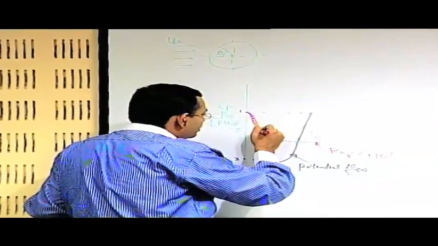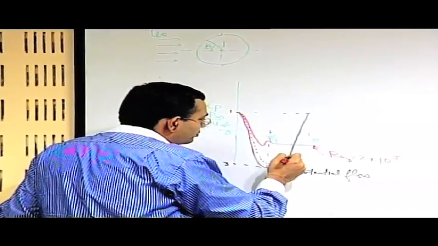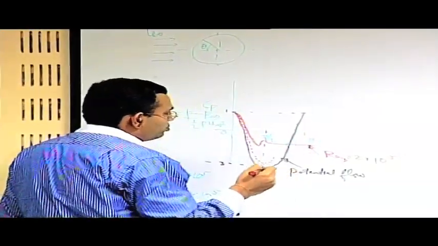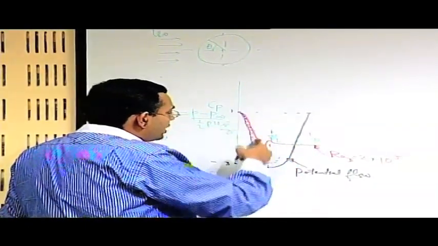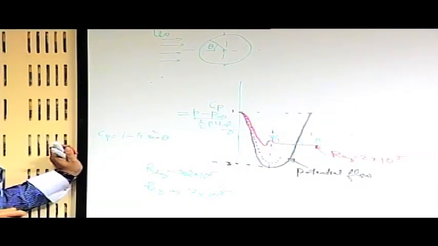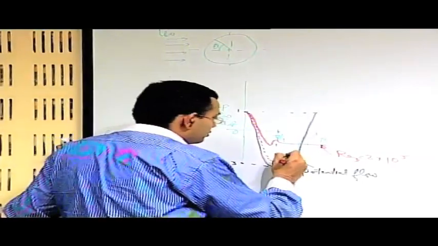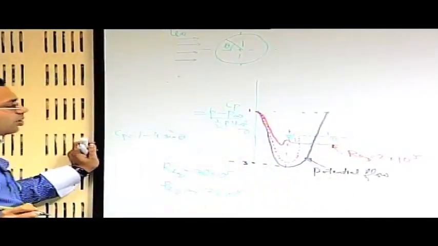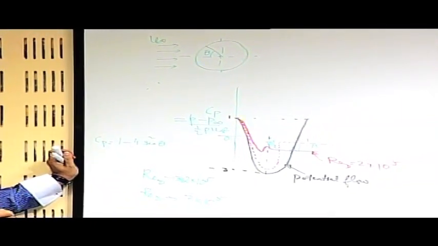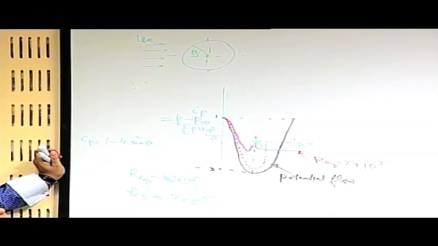So if we draw that line, till that limit it will follow very closely the line which was there for the potential flow solution, and then when there is a flow separation it will come to a constant Cp which is independent of the angle theta.